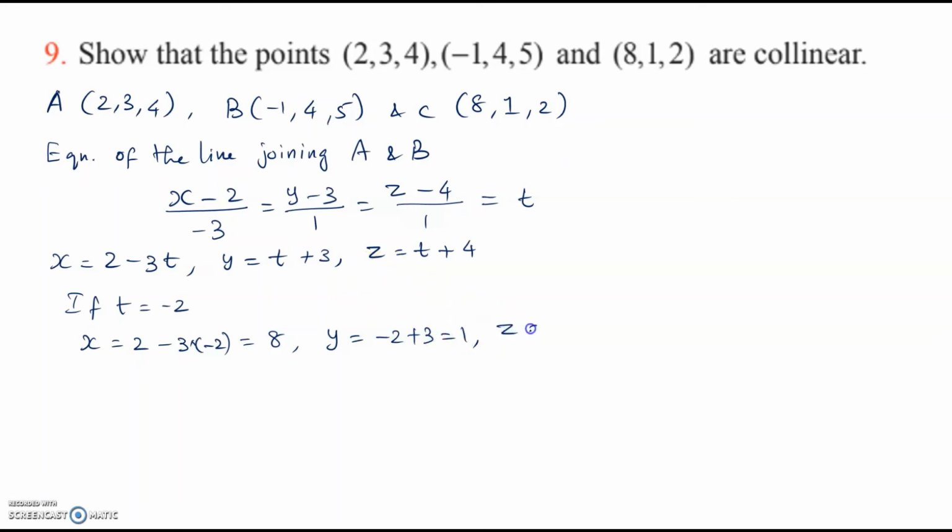And my z will be equal to minus 2 plus 4, and that's equal to 2. So we can see that our point 8, 1 and 2 is arrived at by just replacing the value of t with minus 2.